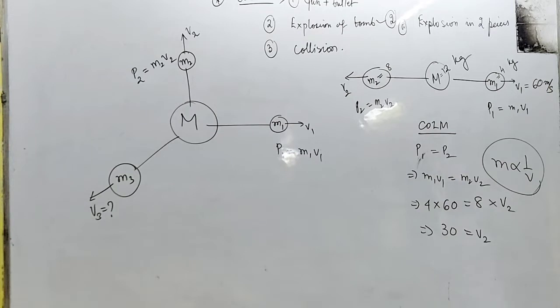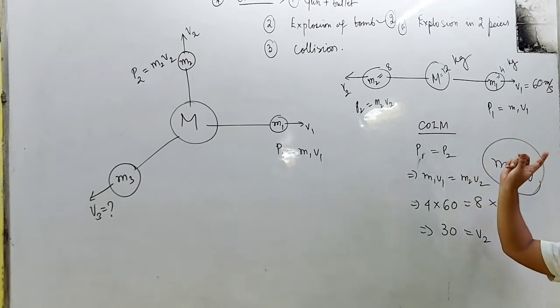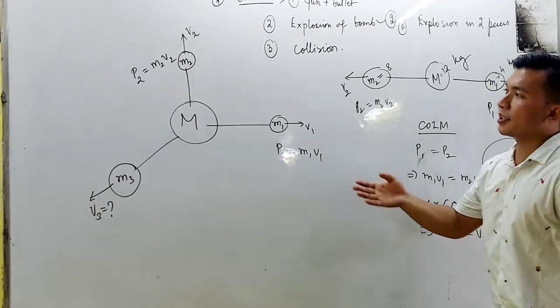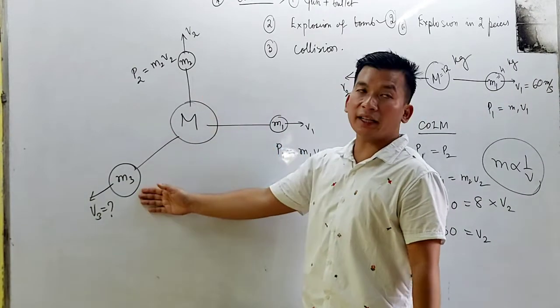That is the question. After explosion, we have M1, M2, M3.